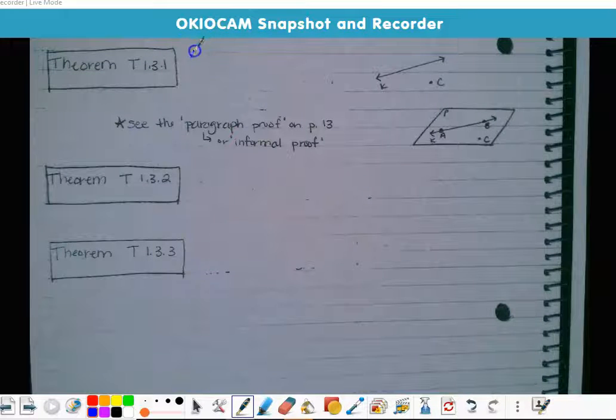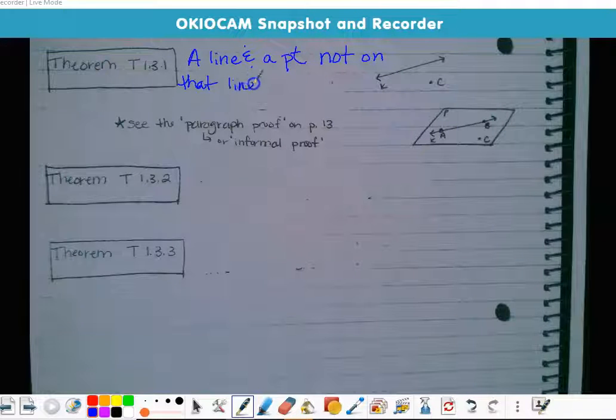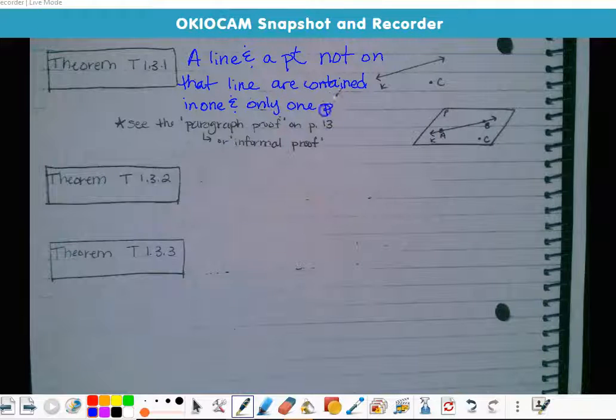All right. So this one, theorem T1.3.1: a line and a point not on that line are contained in one and only one plane.